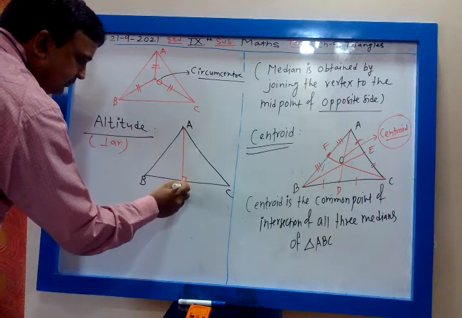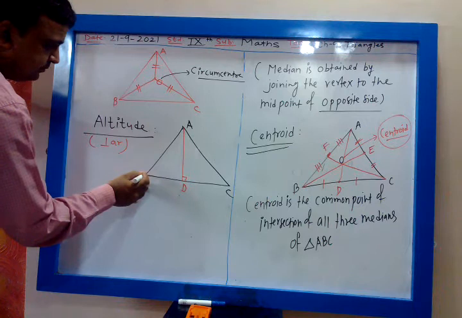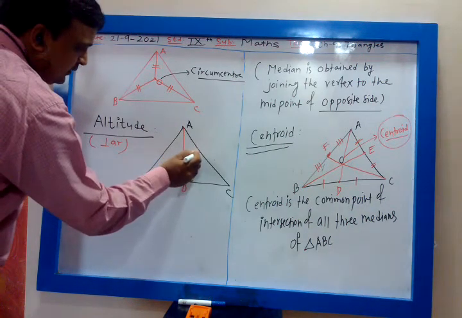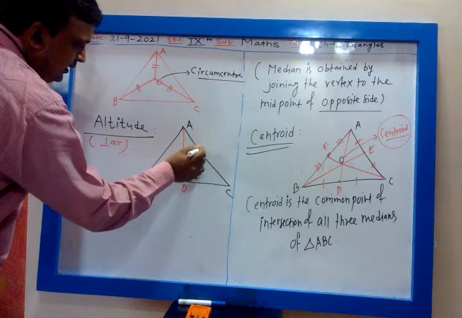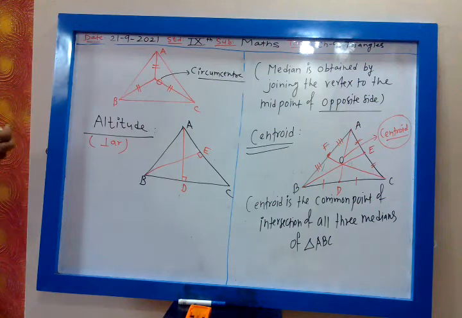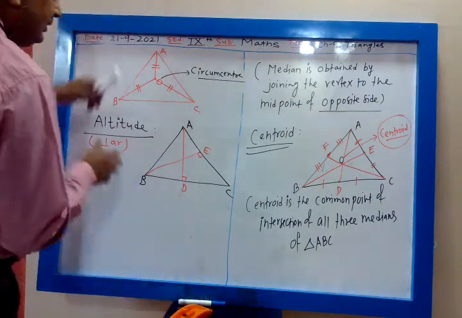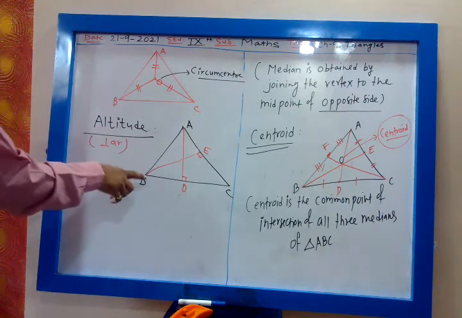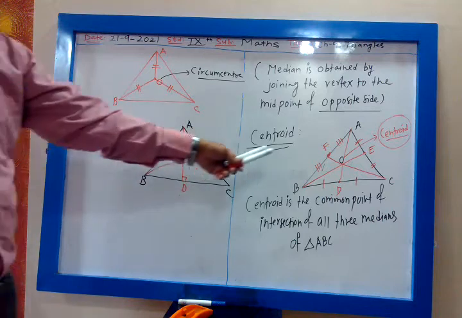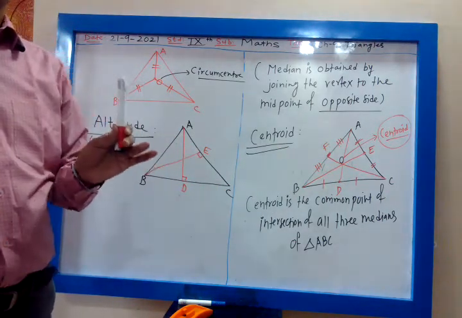This is AD. So AD is the altitude. From each vertex, we draw a perpendicular to the opposite side. So BE. No, my dear, one minute. Do not say it is a median. Have I said that BD is the same as DC? No. Unless it is a bisector, it will not be a median.